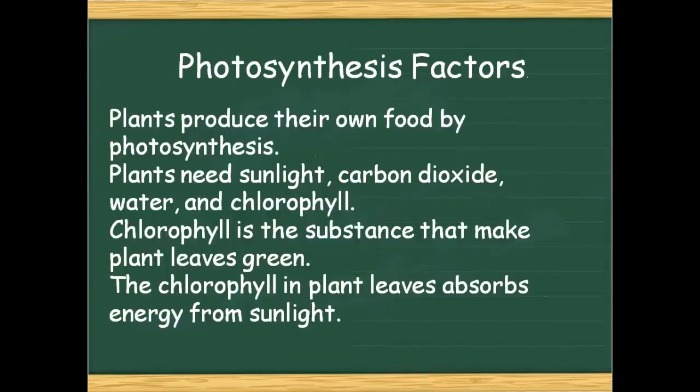Now, when we talk about the actual making of food in plants, it's called photosynthesis. It is a combination of some of the things we've just looked at together to be able to make food.